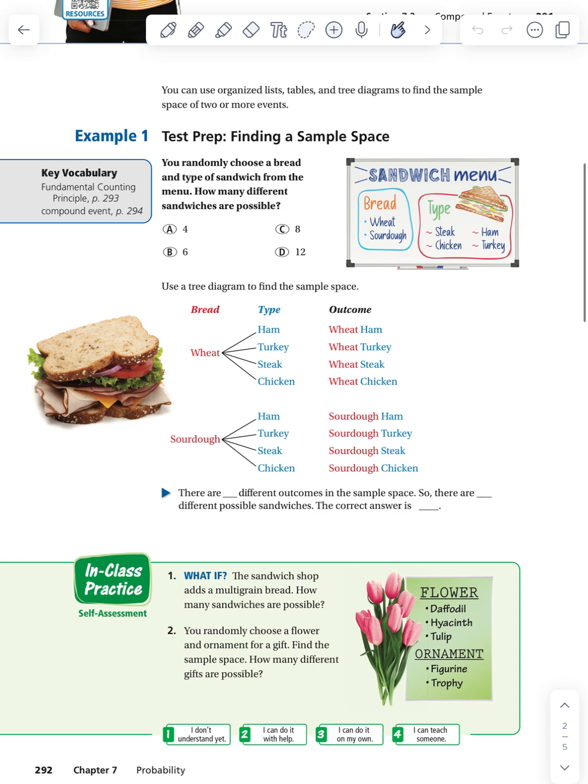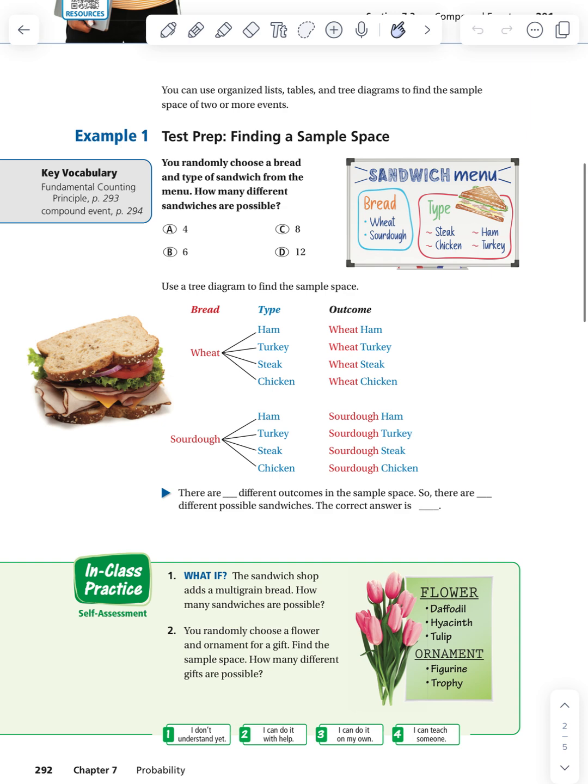Now with heads and tails and number outcomes, sometimes it's easier to do a table or do it the math way. However, when you have something like sandwiches, where there are words as your outcomes, a tree diagram might be the easiest way to find a sample space. So looking at this example, you randomly choose a bread and a type of sandwich from the menu. How many different sandwiches are possible?